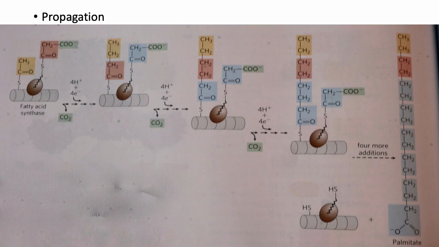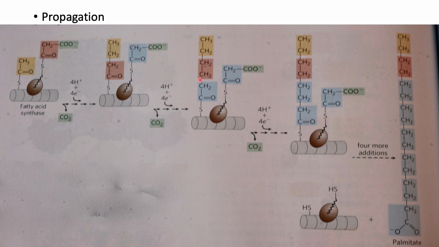This is a propagation step. Again, you have fatty acid synthase right here. This is the addition of the 2 carbon unit. There's a reduction process with liberation of this carbon dioxide here. And the propagation continues with elimination of carbon dioxide.